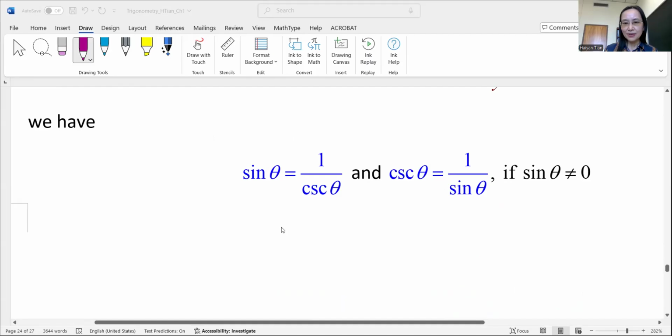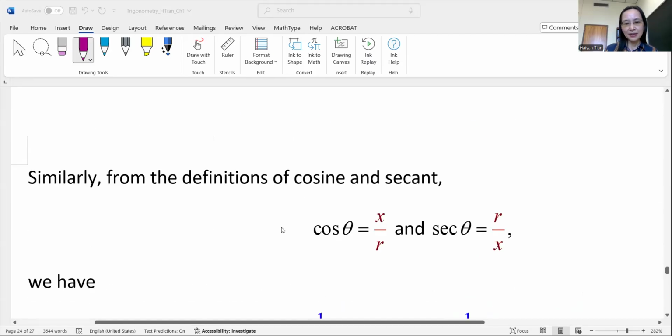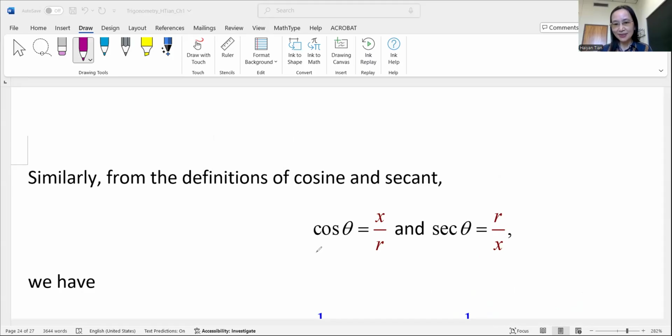For a similar reason, using the definitions of cosine and secant: cosine is defined as x over r, secant is defined as r over x, and these two numbers are reciprocal to each other.